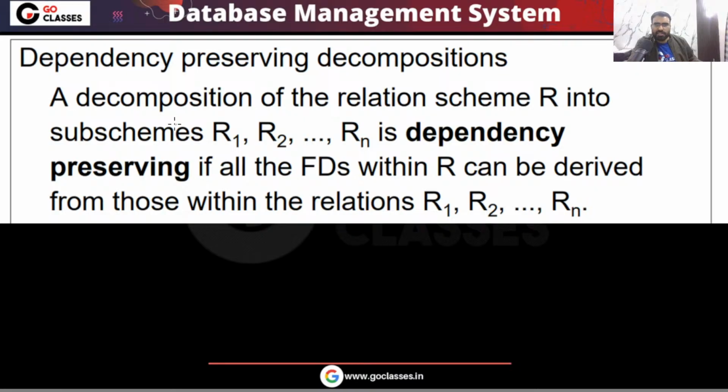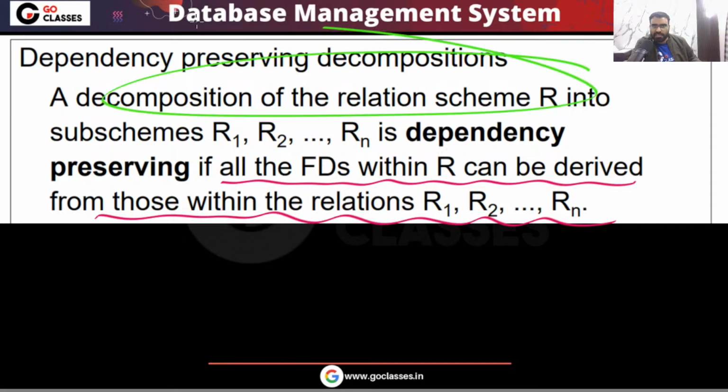So you can read this. A decomposition of a relation schema R into sub relations R1, R2, Rn is dependency preserving if all the FDs of R can be derived from the FDs of R1, R2, Rn. From the decomposed relations, if we can derive every FD of the original relation, then we can say that this decomposition is dependency preserving.